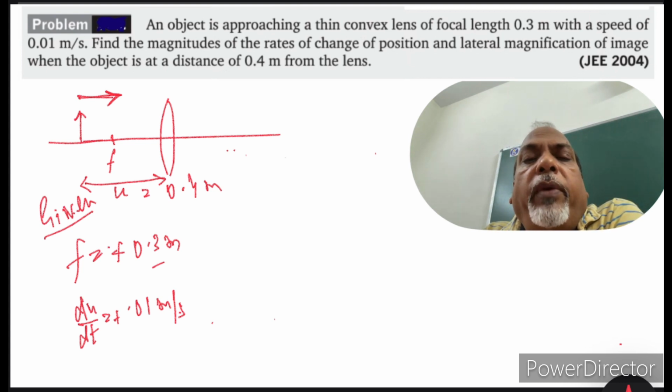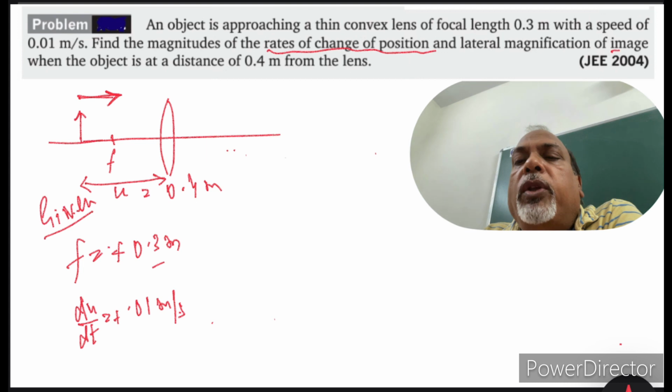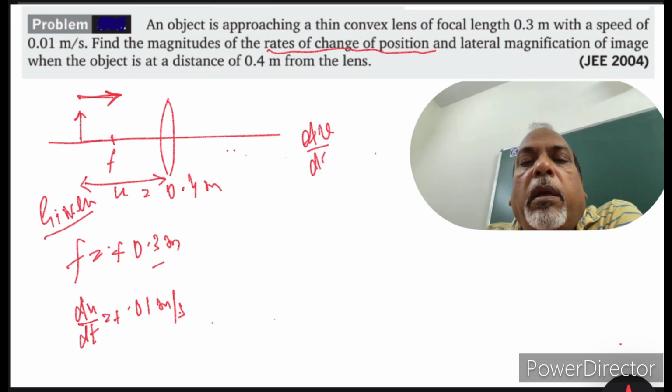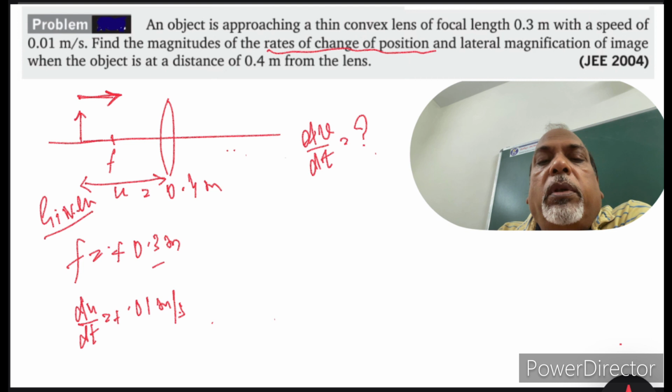Now let us see what we have to find out. We have to find out the magnitudes of the rates of change of position and lateral magnification of image. That means we have to find out dv by dt, and of course the magnification m.